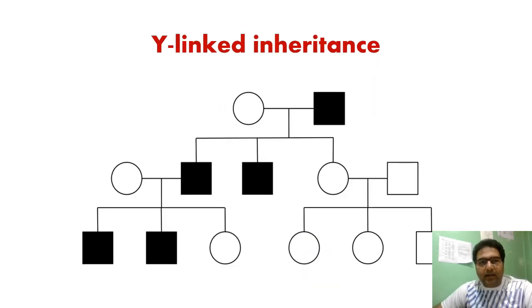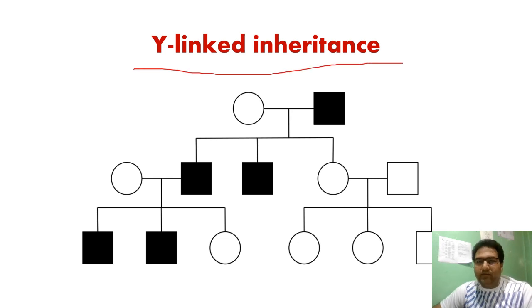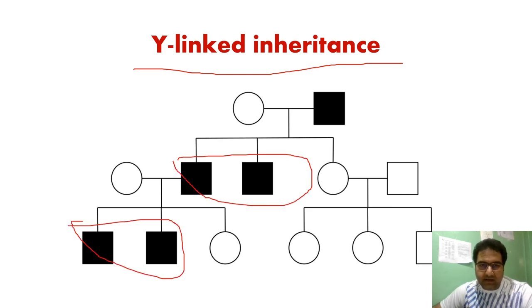Now, talking lastly about Y-linked inheritance. In this case it is very simple, because the Y chromosome is not found in females. It is only found in males. That is why it affects only males. Here we are seeing that only males are affected, and all sons of an affected father are affected.